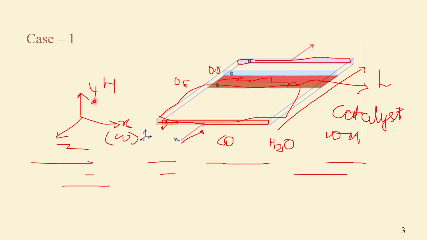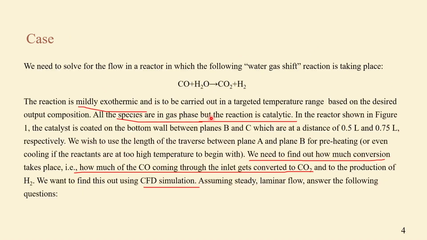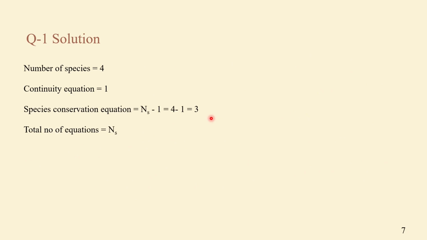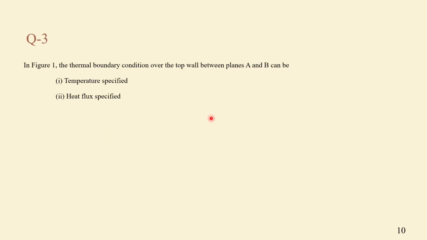because in figure 1, we can see that it is between planes A and B. It was mentioned that the top wall and the bottom wall are heated or cooled, depending. So we need to give some boundary conditions for that. What boundary conditions can we give is the question.